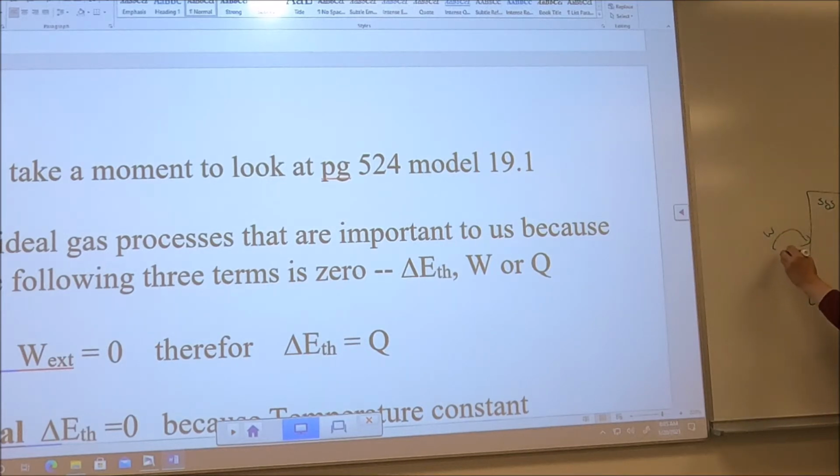We can have work in, heat in, work out, and heat out, and it's going to go into E thermal. So that energy in is going to go to E thermal, or if it goes out, it's going to come from E thermal.